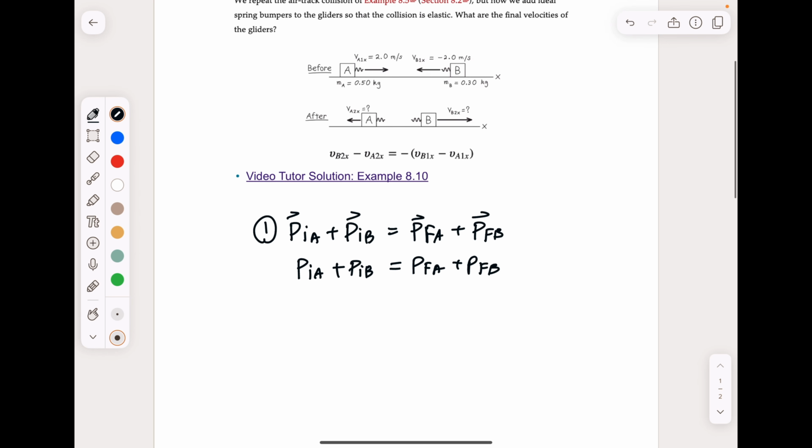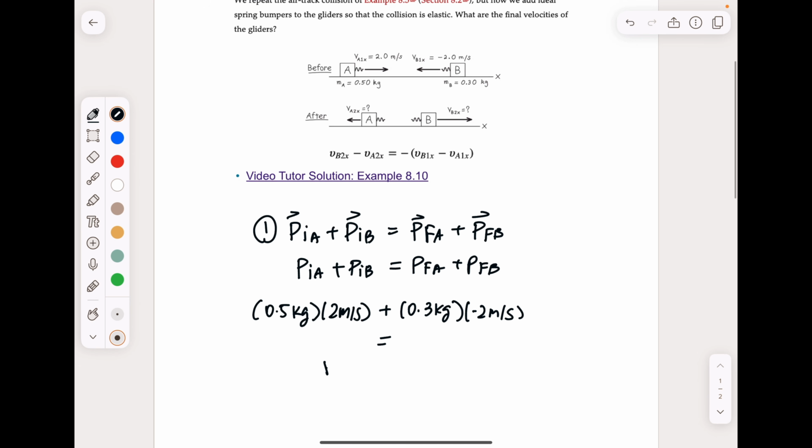So the initial momentum of those two objects, I think we had a value from the previous example, but let's just write it out again. It's 0.5 kilograms, 2 meters per second to the right, plus 0.3 kilograms, and then negative 2 meters per second because he's moving to the left. And then that's going to equal their final momenta.